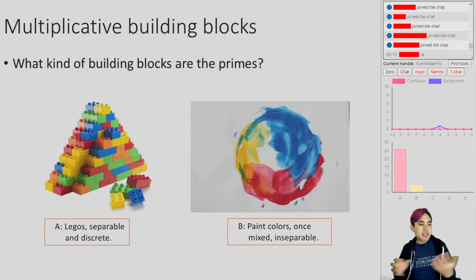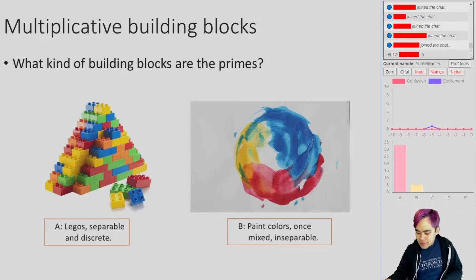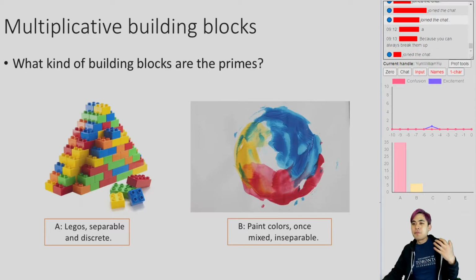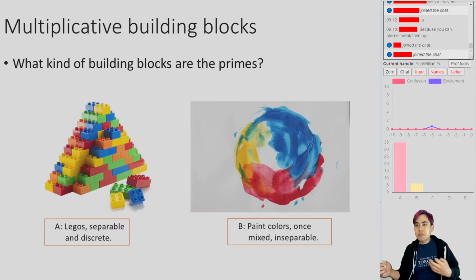Okay, so it looks like most people are saying they look a little bit more like Legos, where they're separable and discrete even after you've jumbled them together by multiplication. And the answer to that is, indeed, yes. They are, in some ways, more like Legos, which are separable and discrete, than they are paint colors.